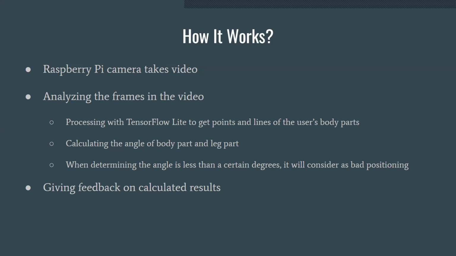When the angle is less than a certain number of degrees, we consider it bad positioning. When the person leans forward, the angle will decrease. So if it is less than a certain degree, it gives feedback on the calculated results.